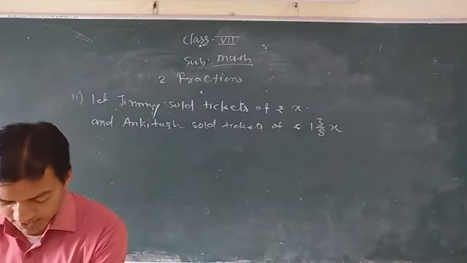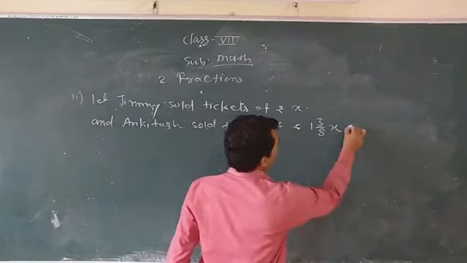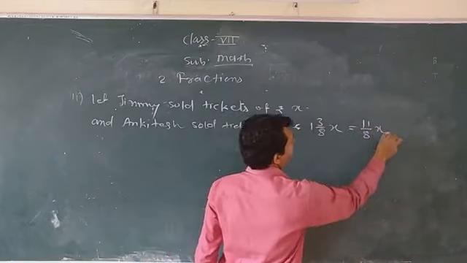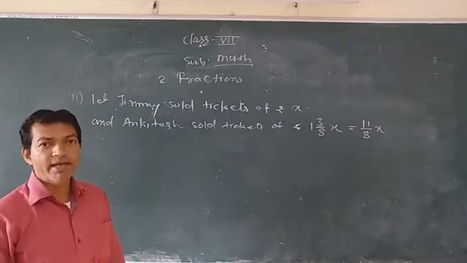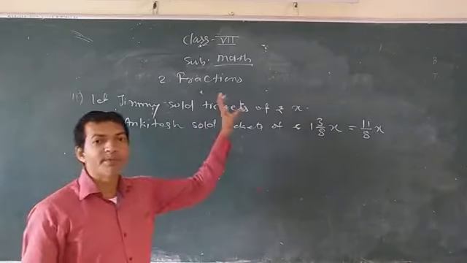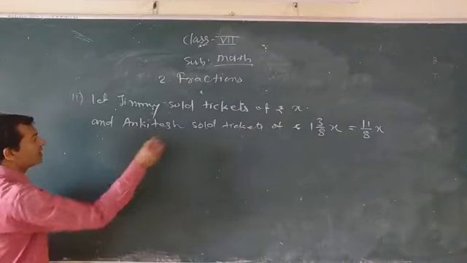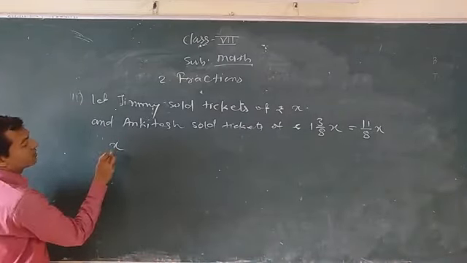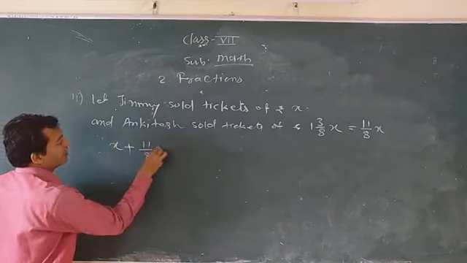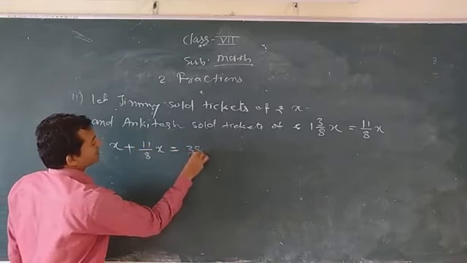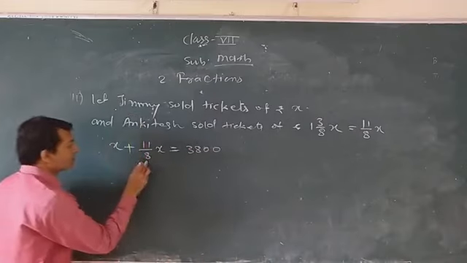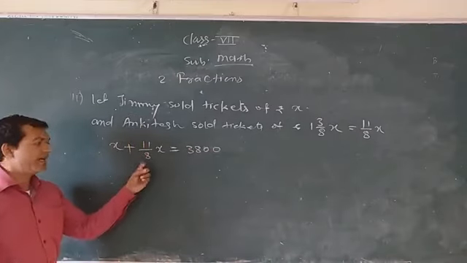One integer 3/8 of x means how many? 8 1s are 8, 8 plus 3 is 11, so 11/8x, rupees 11/8x. Okay, combinedly they sold the tickets of rupees 3,800. Combinedly means you have to add these. Jimmy sold the tickets of rupees x plus Ankitesh sold 11/8 of x. Together they sold the tickets of rupees 3,800.